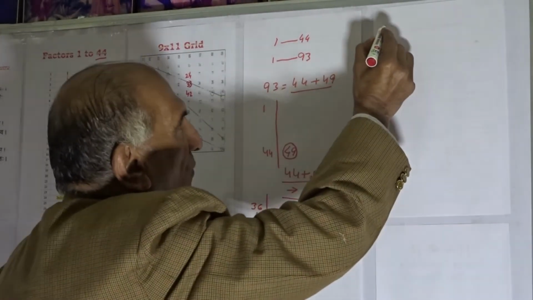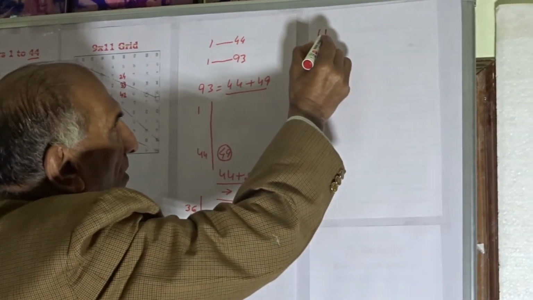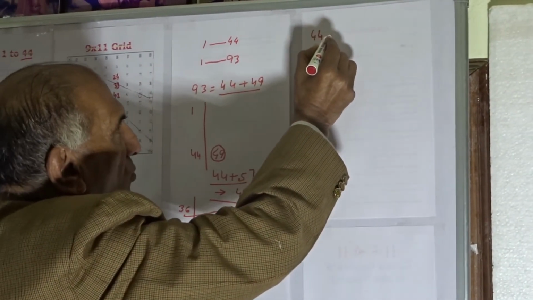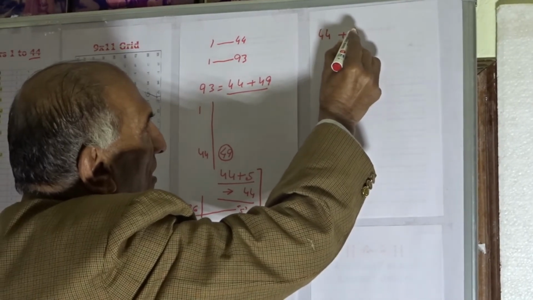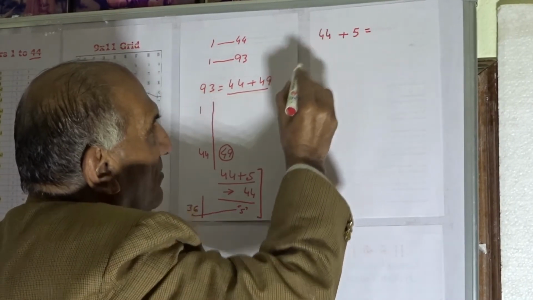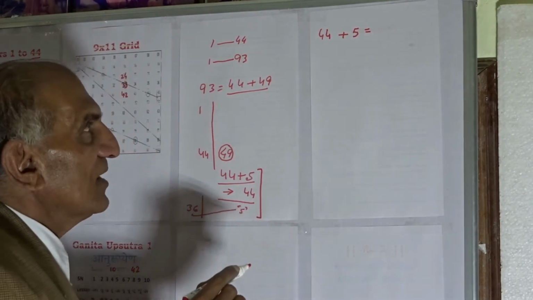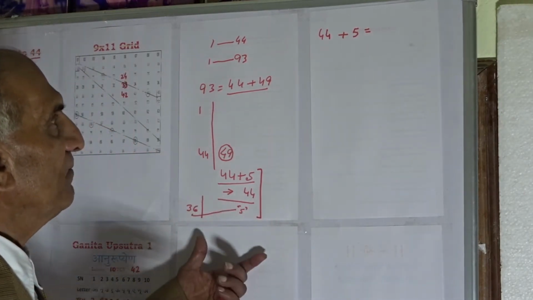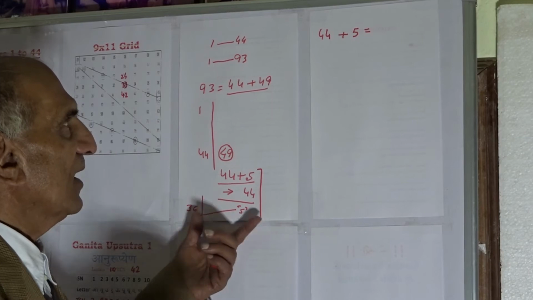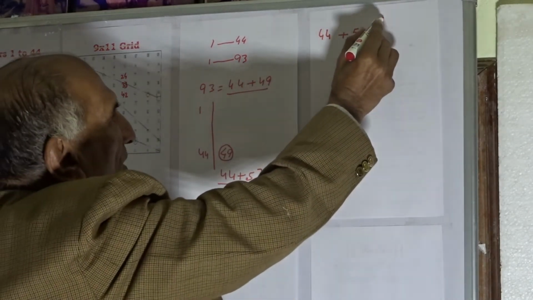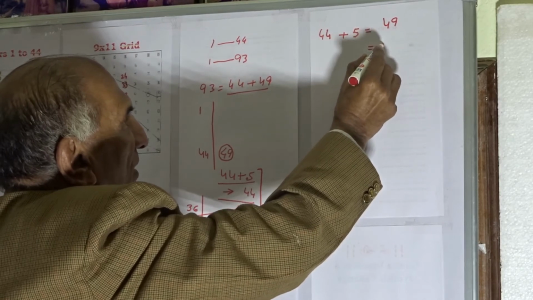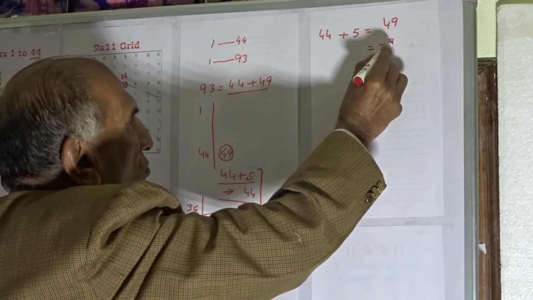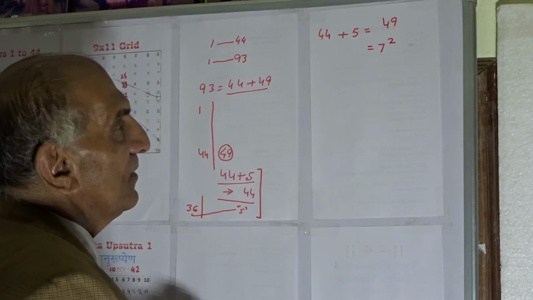Therefore, 44 shlokas of Yajurved Lagad Jyotish Vedanga plus 5 exclusive distinctive shlokas of Rigved Lagad Jyotish Vedanga lead us to value 49. And further we know that value 49 is 7 square.